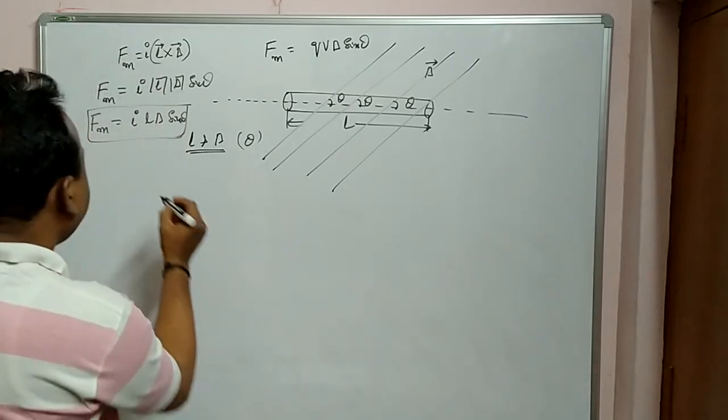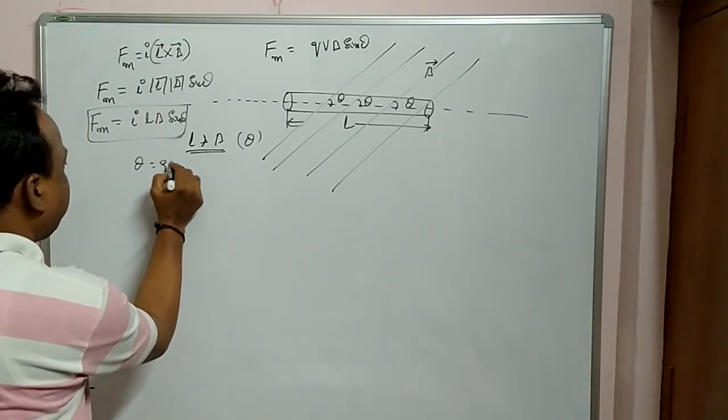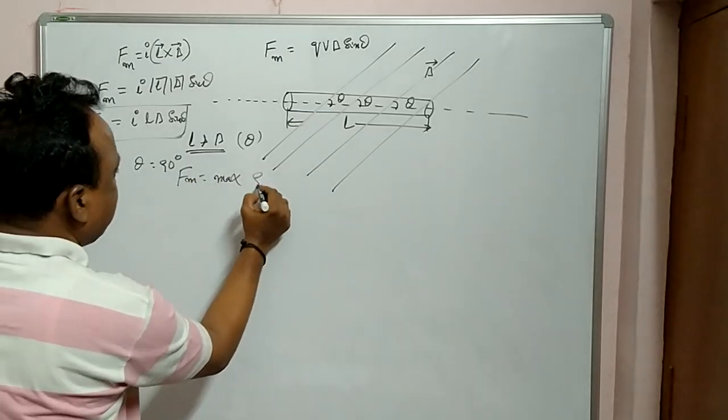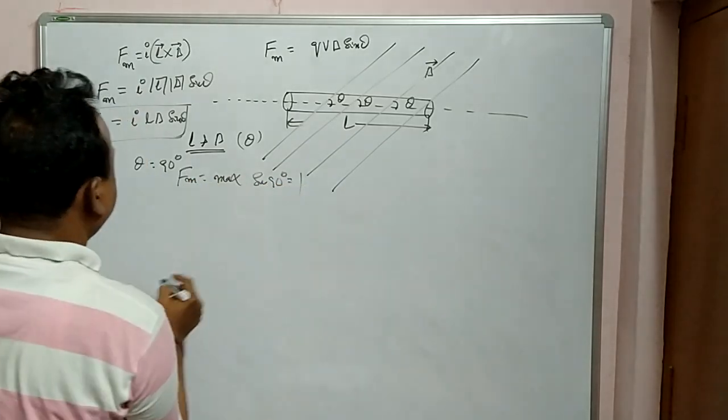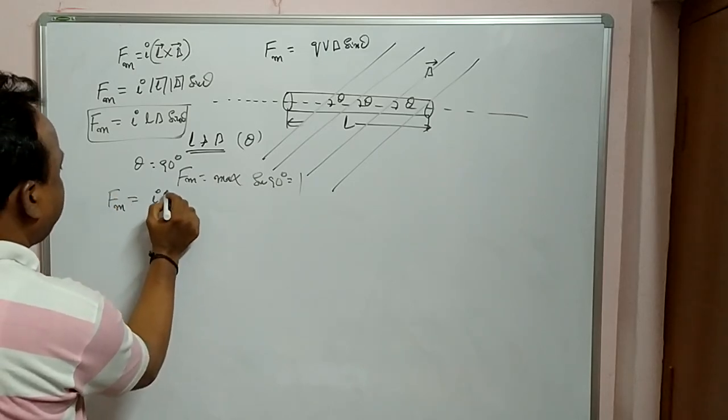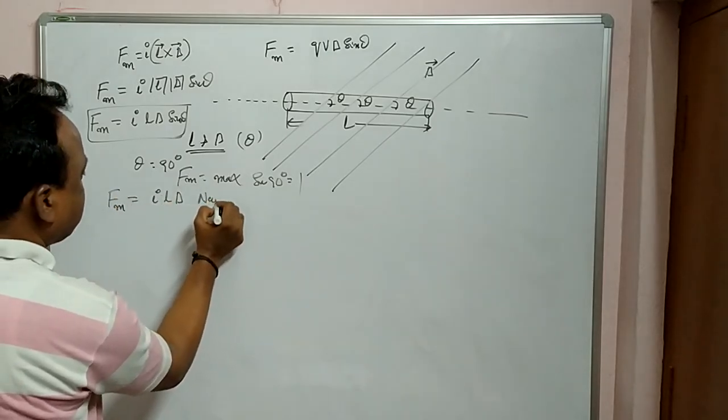So this is the expression for the current carrying conductor placed in a magnetic field B. Once again, if theta is equal to 90 degrees, the force will be maximum, because sin 90 is equal to 1. Then the magnetic force is equal to ILB newtons.